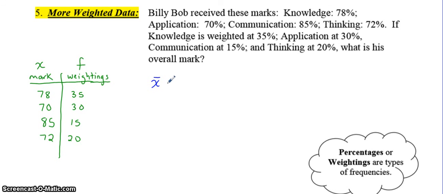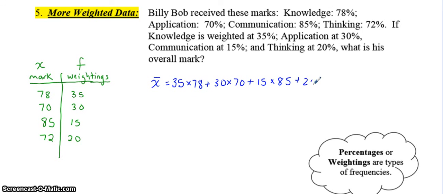So your mean is, there are 35 78s. So again, it's the frequency multiplied by the data value. So there are 35 78s. There are 30 70s. There are 15 85s.